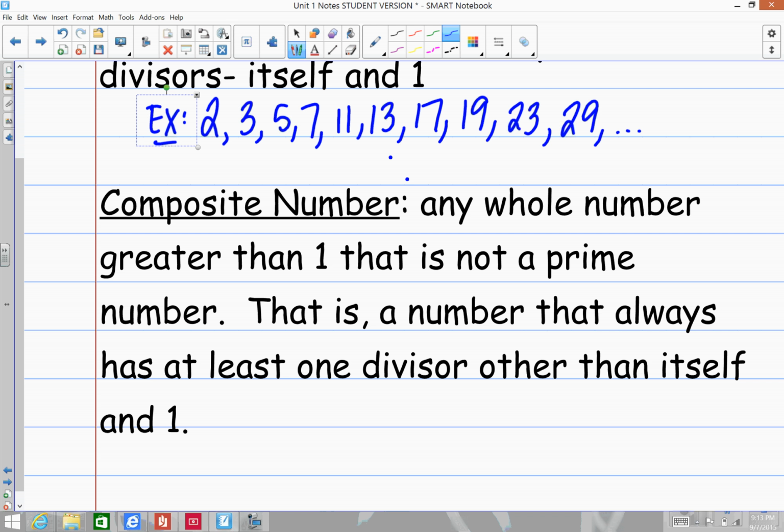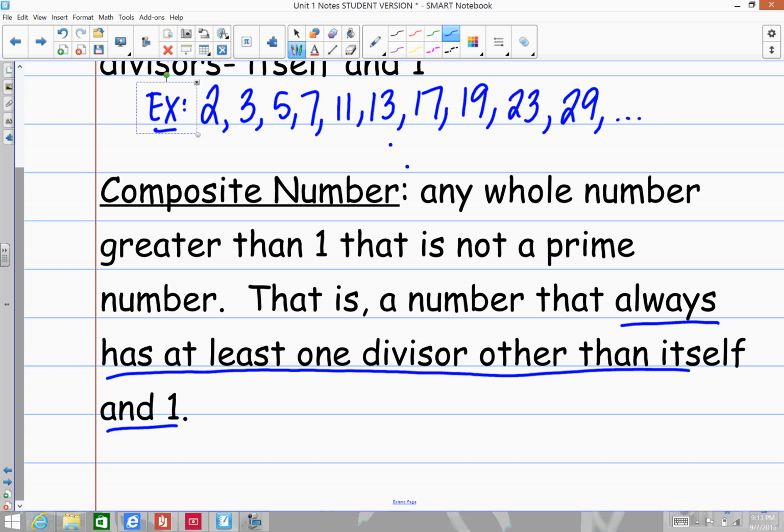So a composite number is any whole number greater than 1 that is not a prime number. So that means it's a number that always has at least one divisor other than itself and 1. So, an example of this, basically any of the numbers that we skipped here, so it's got to be greater than 1, so any of the numbers that I skipped as a prime number would be a composite number.